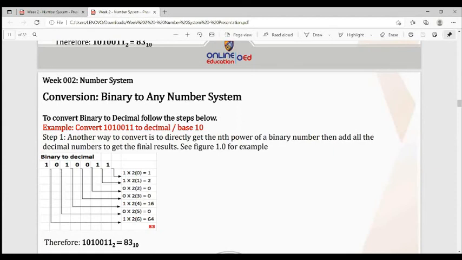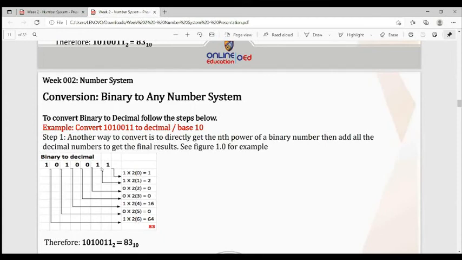So another way to convert is to directly get the nth power of binary number, then add all the decimal number to get the final result. So ito kasi medyo matrabaho po. Okay? So kukunin mo daw yung nth power. So the first one is 2 raised to 0.